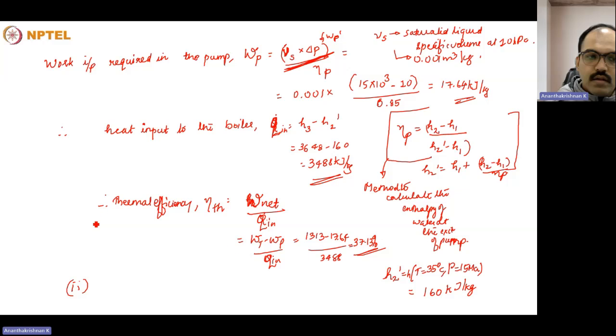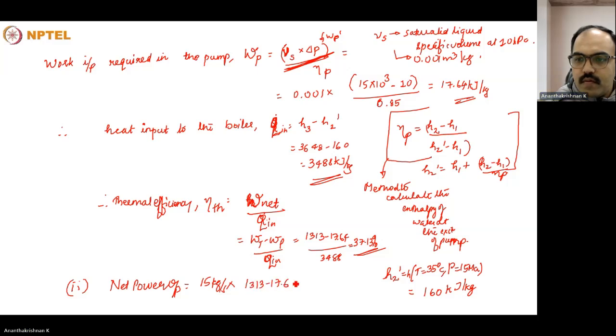You multiply the net work with this mass flow rate and you get the net power output. 1313 minus 17.64, multiplied by 15, would give us the total power of 19.425 megawatts.